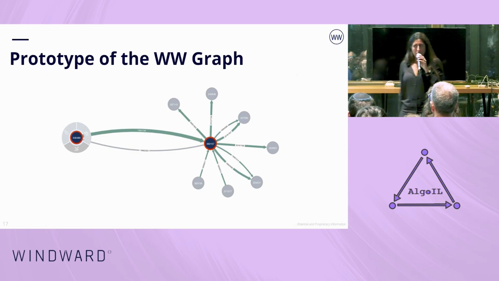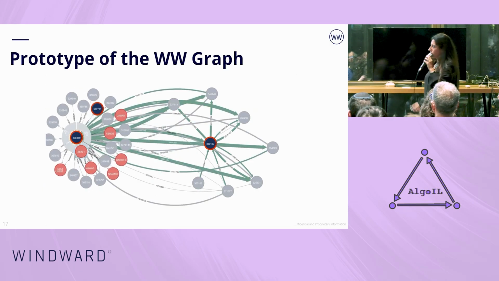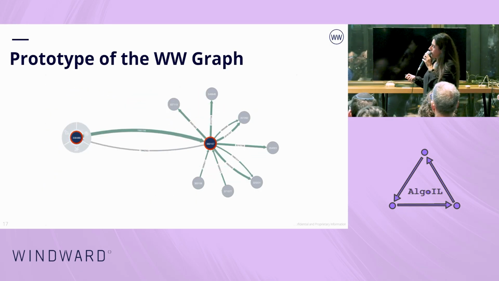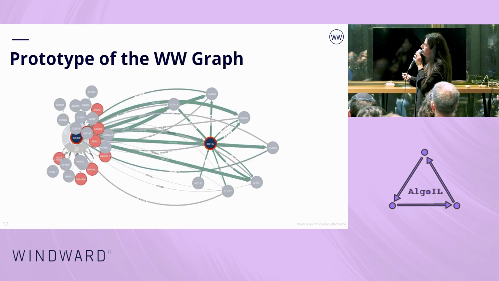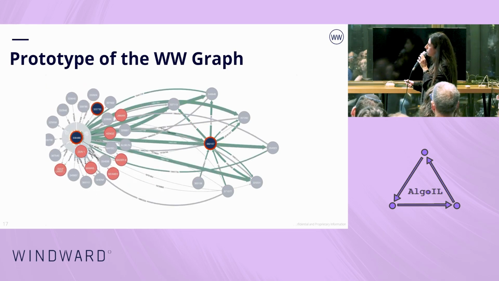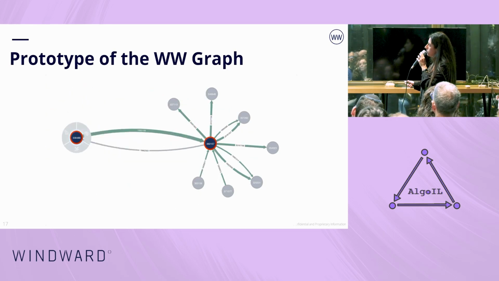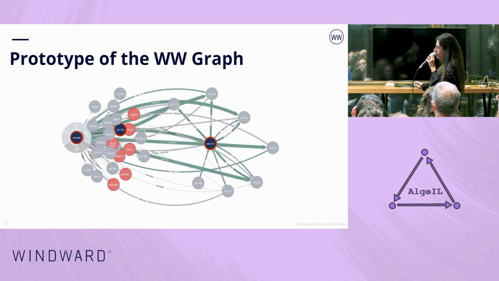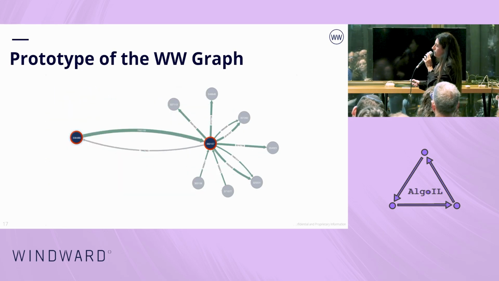So we managed to build a prototype of the Windward graph. Just so that you understand how it works, you have here a console where you just put some queries, and here you have the result of your graph. All the blue nodes are companies. When it's circled with red, it's vessels, and you can just walk in the graph.